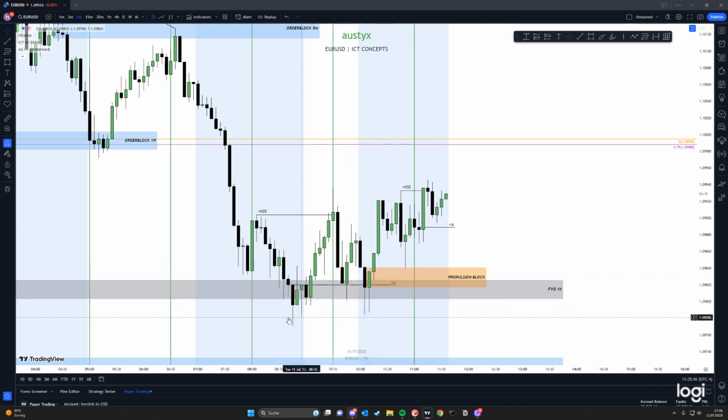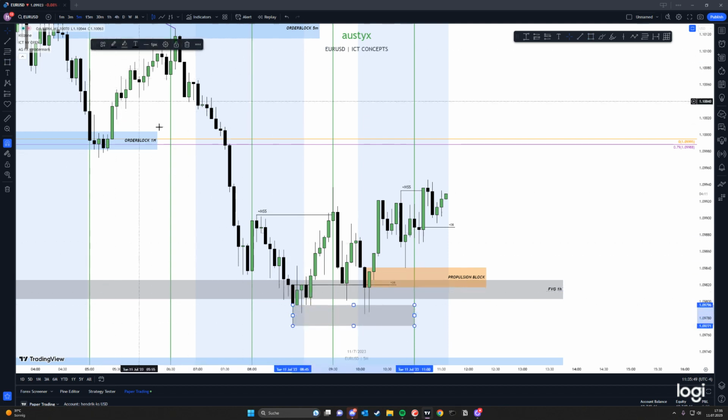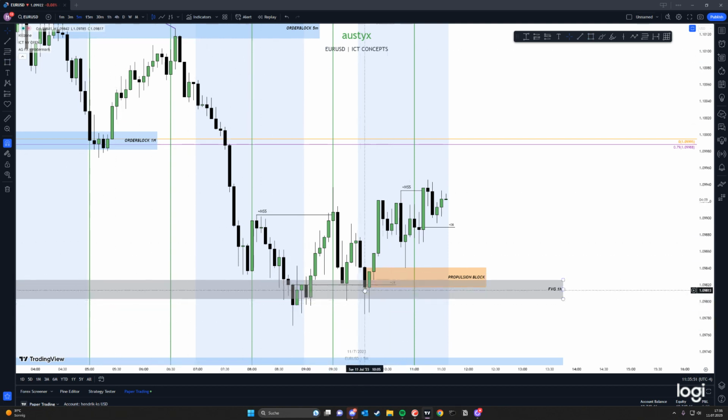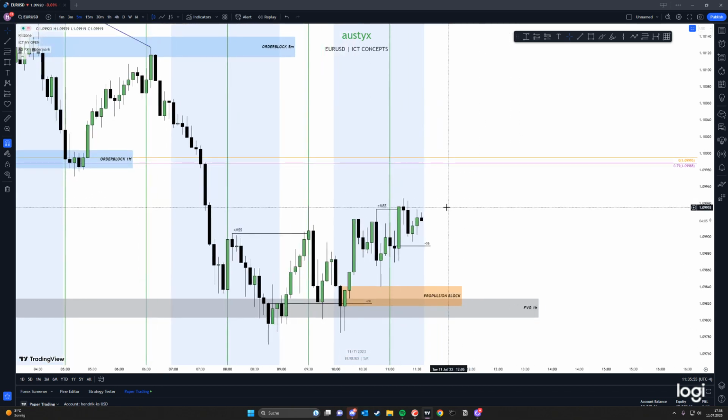Technically you could call this a rejection block actually, but it doesn't matter for now. We rejected to the upside and broke structure on the new 90-minute cycle here, so this one got broken here as well.